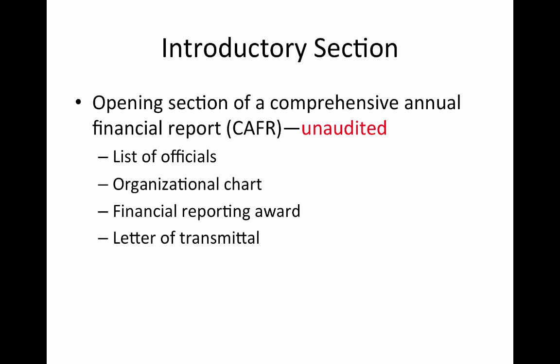But the biggest part of the introductory section is what's called the letter of transmittal, which is a communication from the government to you to in fact transmit the financial report to you as the user, to provide information they believe is important for you to understand about the government and about what you're likely to find in the financial statements.